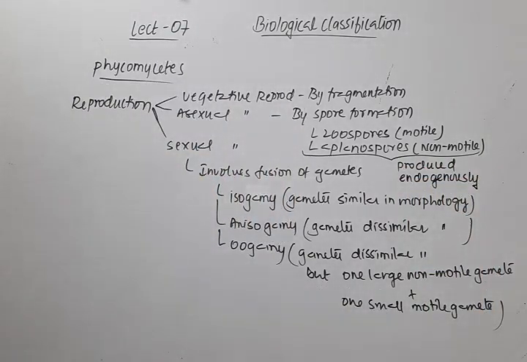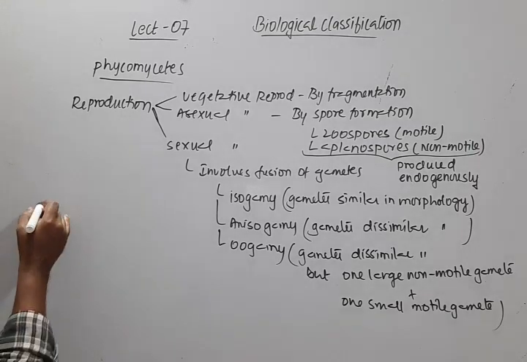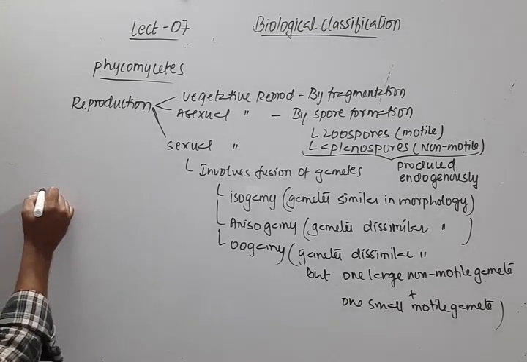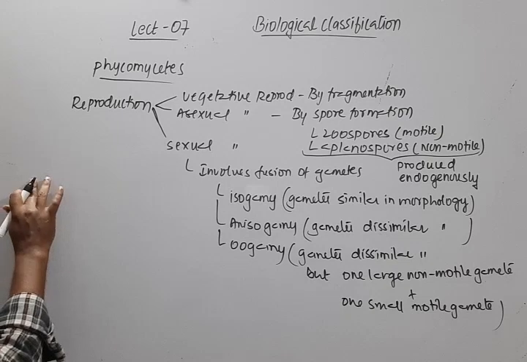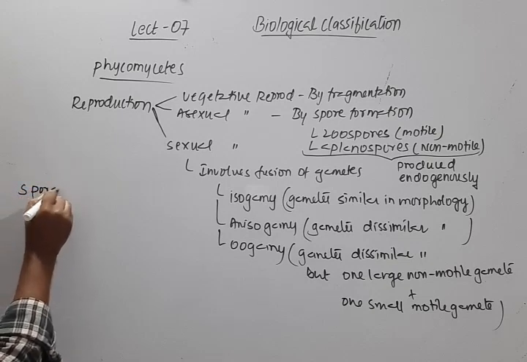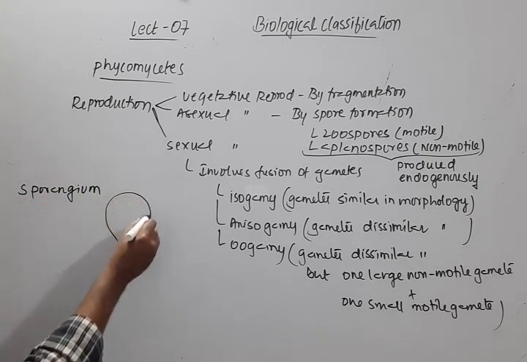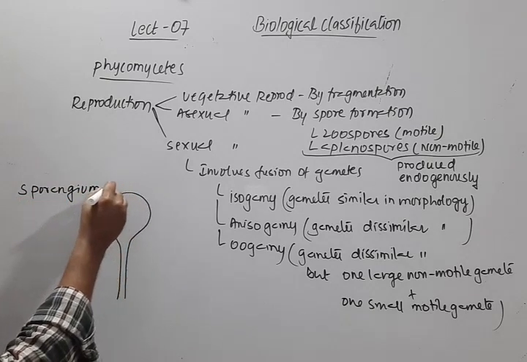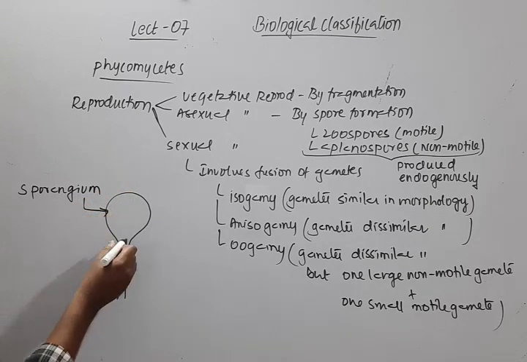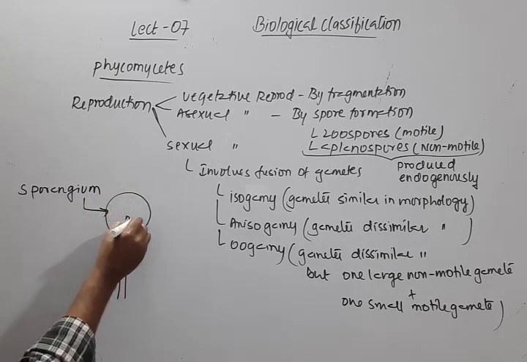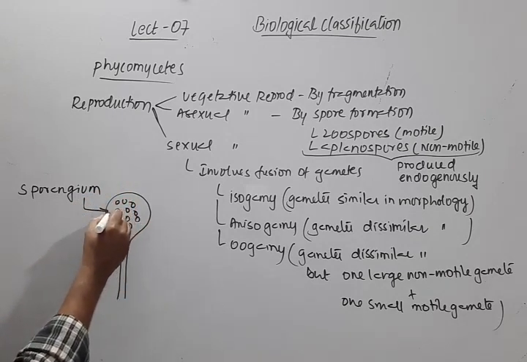Endogenously means they are produced inside a special structure called the sporangium. We will find a structure like this. This is what we call the sporangium, and inside the sporangium the spore formation takes place.